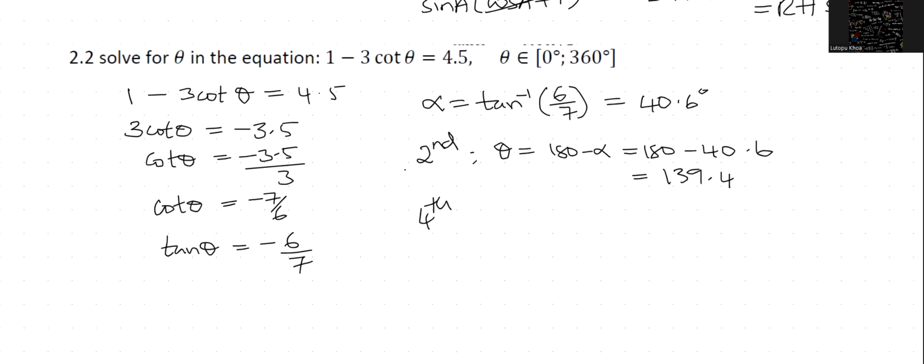Okay, and then in the fourth quadrant, theta is 360 minus alpha. So this is 360 minus 40.6 degrees, which is 319.4 degrees.